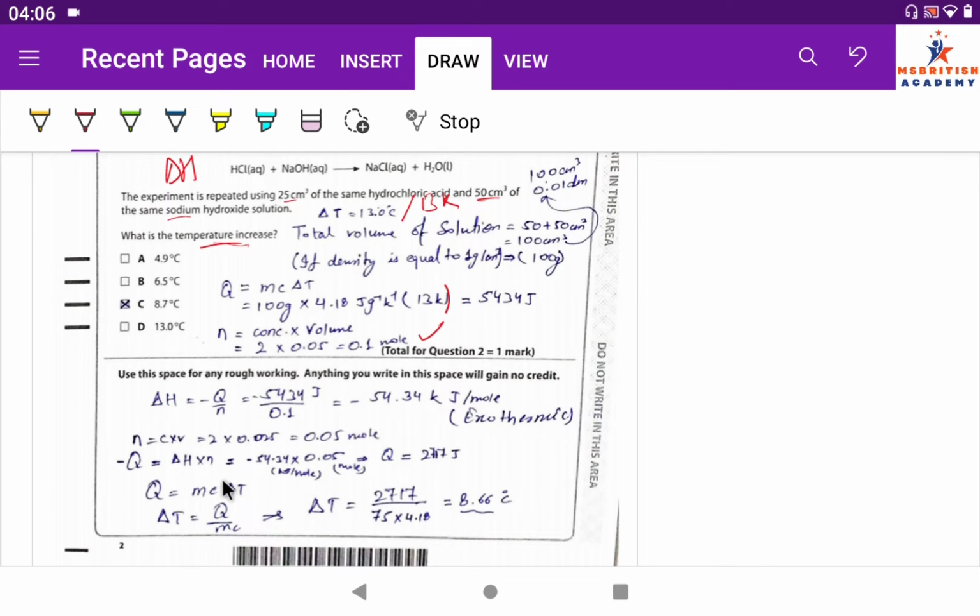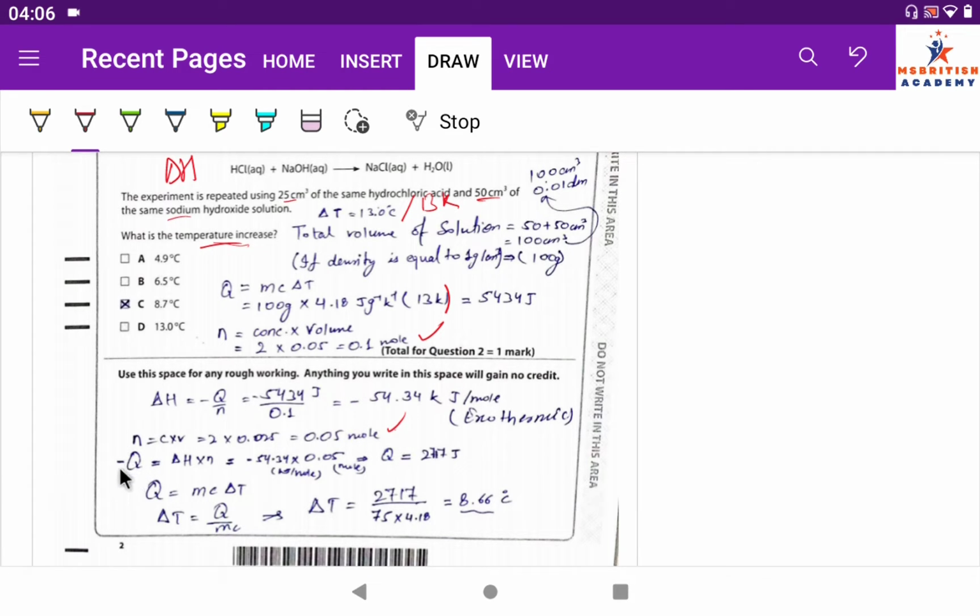Now we know delta H for this much mole. Now we can calculate the number of moles for this volume. The concentration remained the same, and now the volume changed, so the new amount is 0.05 moles.